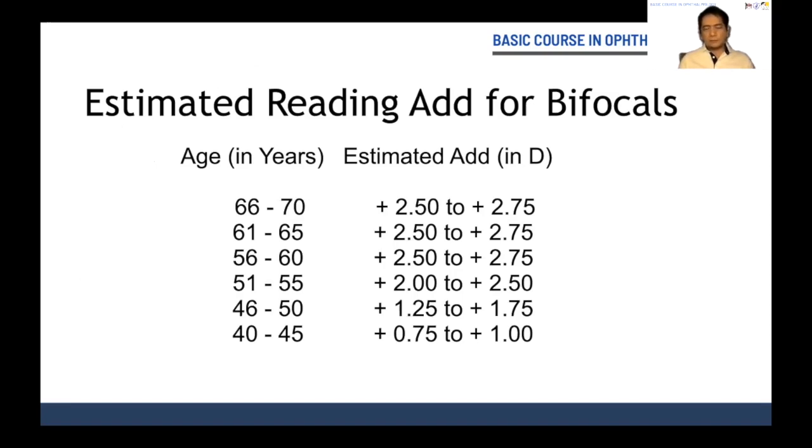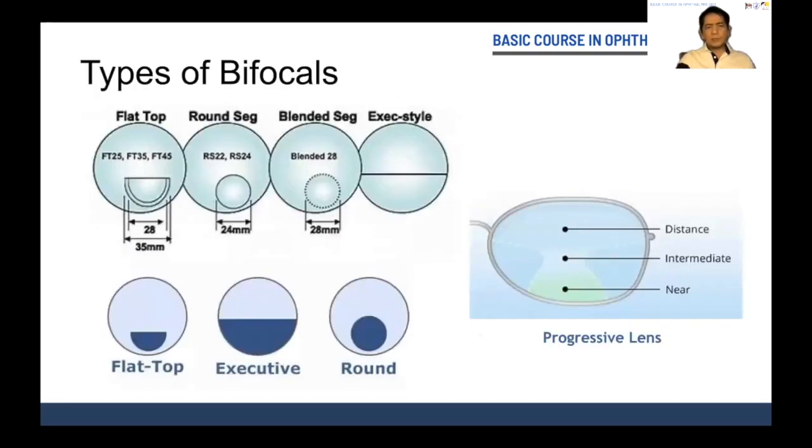So for example, between 40 to 45, patient can see better at near with plus 0.75 to plus 1, while at the age of 66 to 70 years old, the range of reading adds is plus 2.50 to plus 2.75.